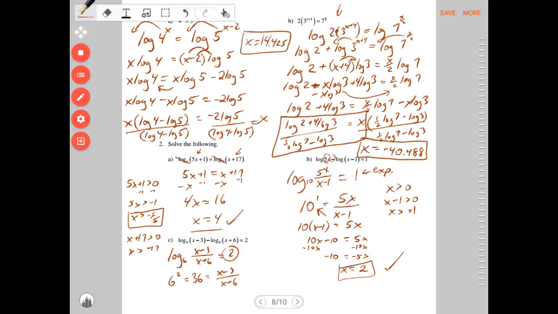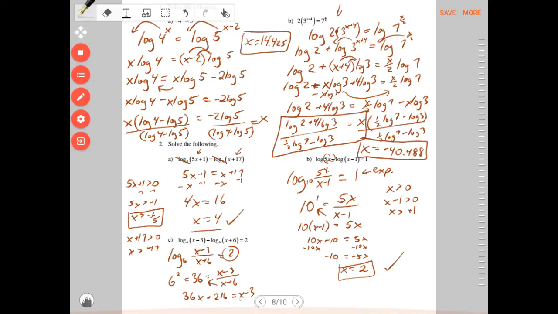Okay, and then we just solve this. So that multiplies up. 36x, let's see, 36 times 6 is 216. So plus, wow, I messed that number up, didn't I? Okay, so 36 times 6 is 216 equals x minus 3.